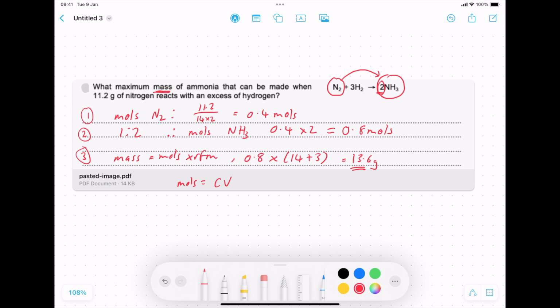Or for the gas formula, moles equals V over 24. In other words, once you get the moles of whatever you want, you can turn it into whatever unit is needed, whether it's mass, whether it's concentration, whether it's volume. So that is the beauty of converting things into moles, because you can work out whatever you like from it.